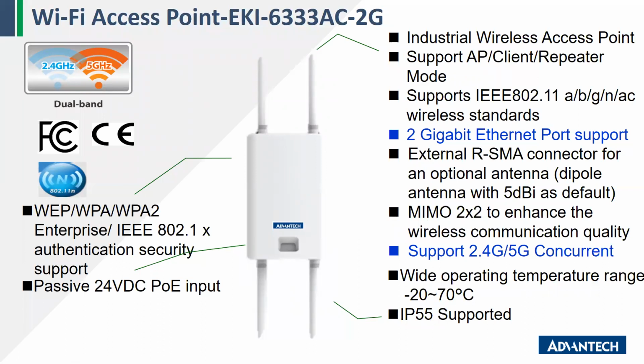This one, IP55. This is the kind of thing you see on the outside of a wall, maybe under an overhang potentially, or a part of a roof. But this is when you want to provide Wi-Fi connectivity to a large area, potentially outside, exposed to some moisture, with gigabit Ethernet support as well as PoE support.